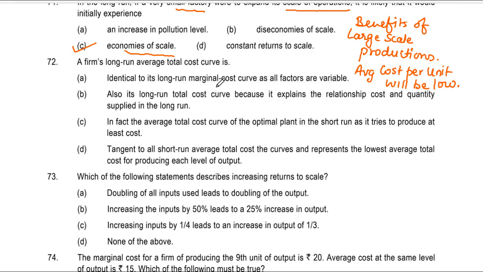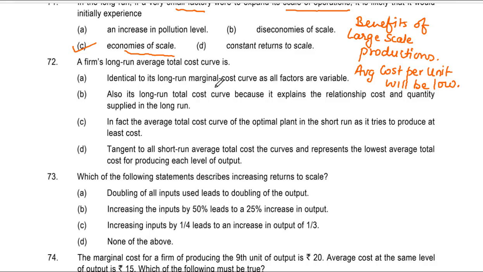72. A firm's long run average total cost curve is A. Identical to its long run marginal cost curve, as all factors are variable. B. Also its long run total cost curve, because it explains the relationship between cost and quantity supplied in the long run.